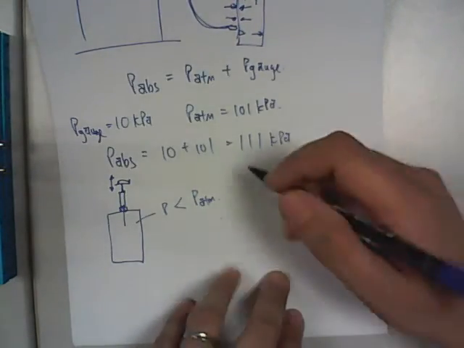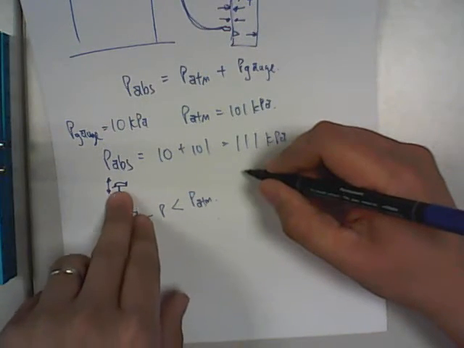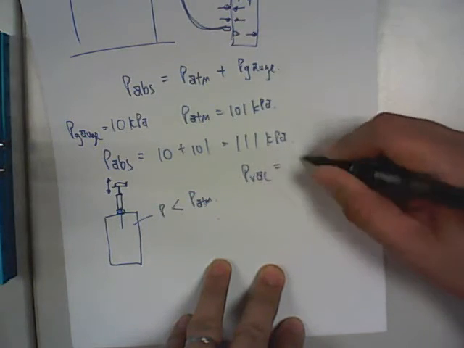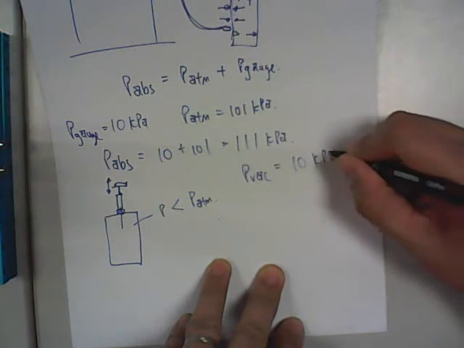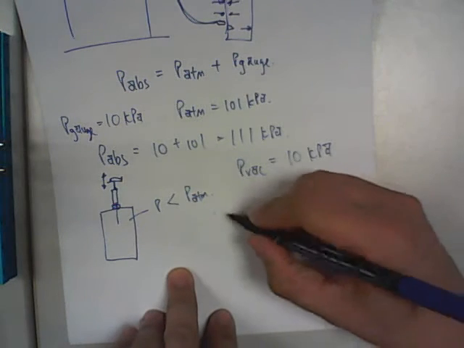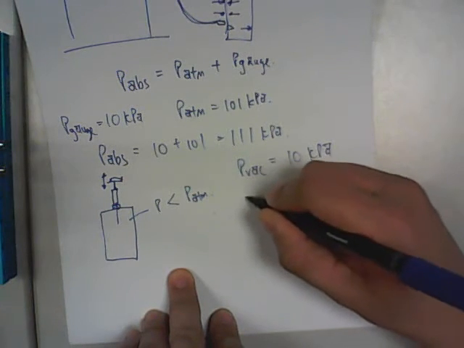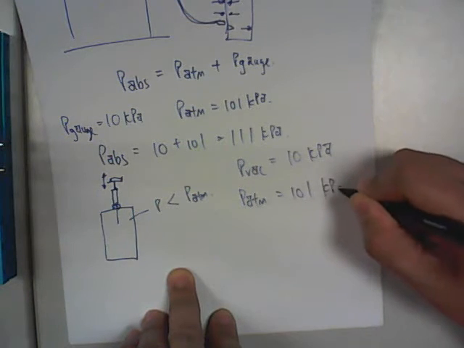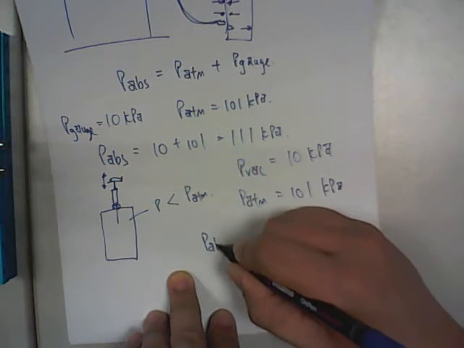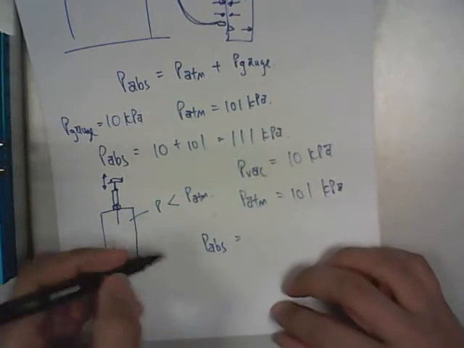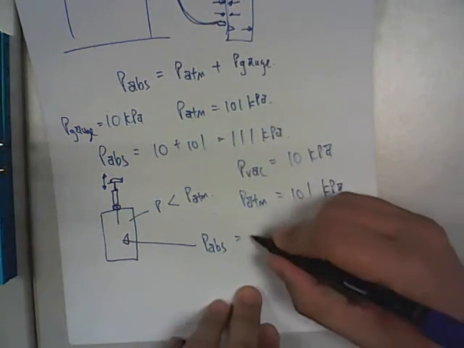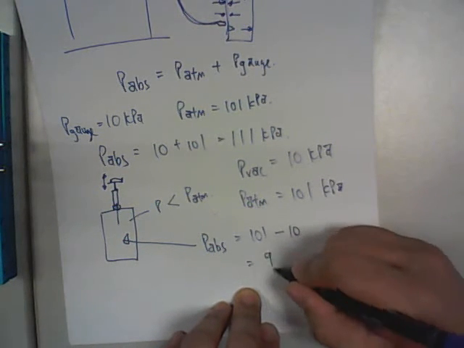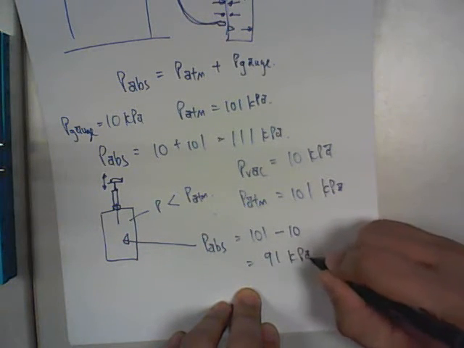For example, if this suction device pulls out a vacuum pressure of 10 kilopascal, originally the container has an atmospheric pressure of 101 kilopascal. So the absolute pressure inside this container now will become 101 minus 10, therefore it is 91 kilopascal.